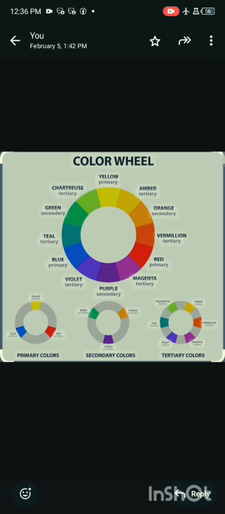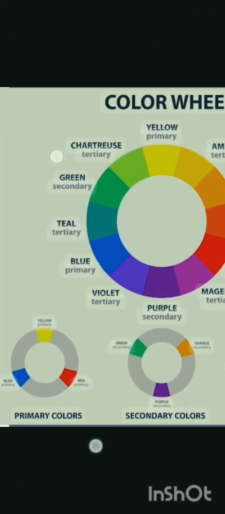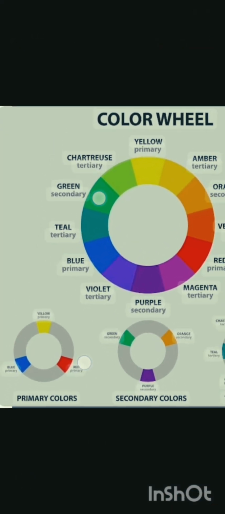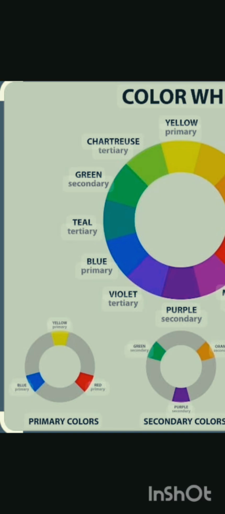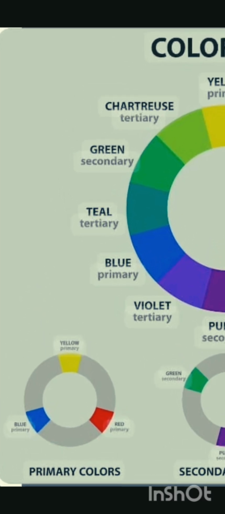We earlier saw that the color wheel groups colors into primary colors, secondary colors, and tertiary colors. So what are the primary colors? We're going to start with the primary colors.